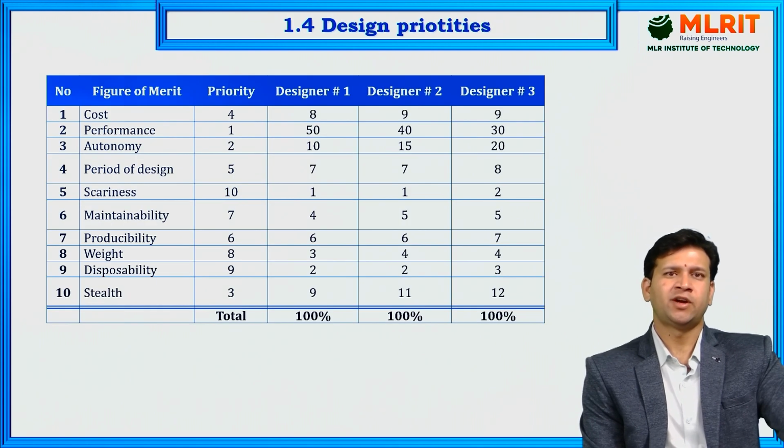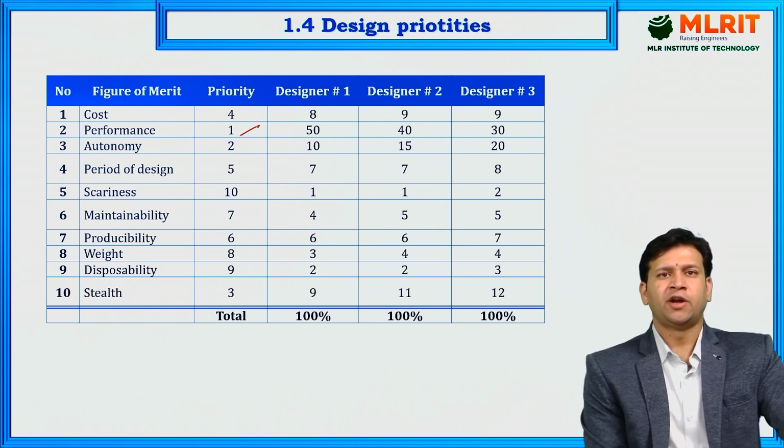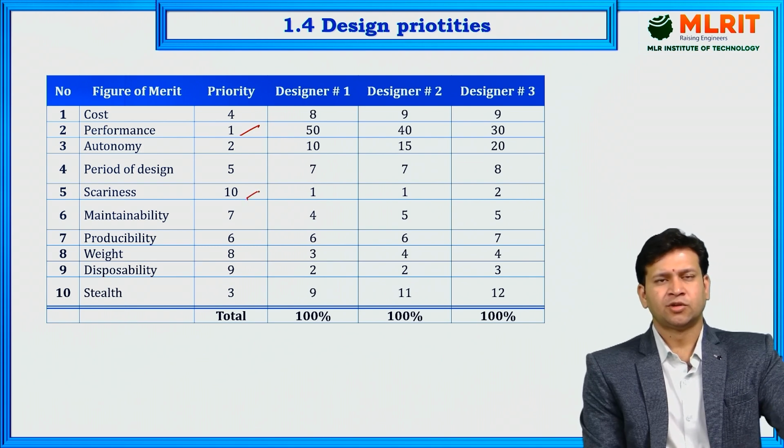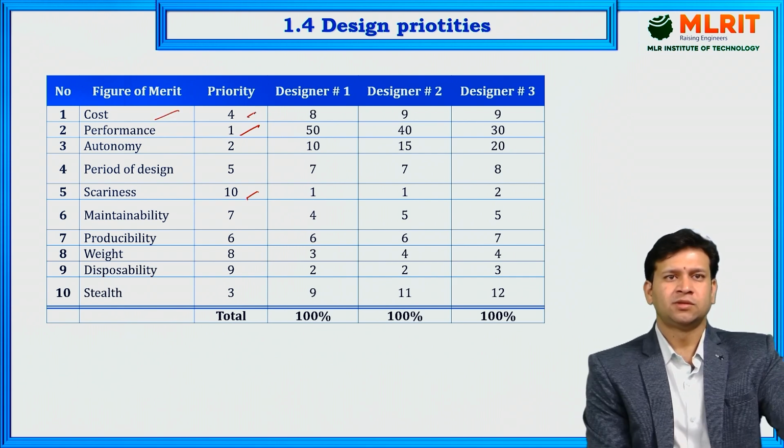These are design priorities. As a designer, these figures of merit will have priorities, 1 being high priority and 10 being least priority. So, depending upon the designer and the requirements, these priorities vary.